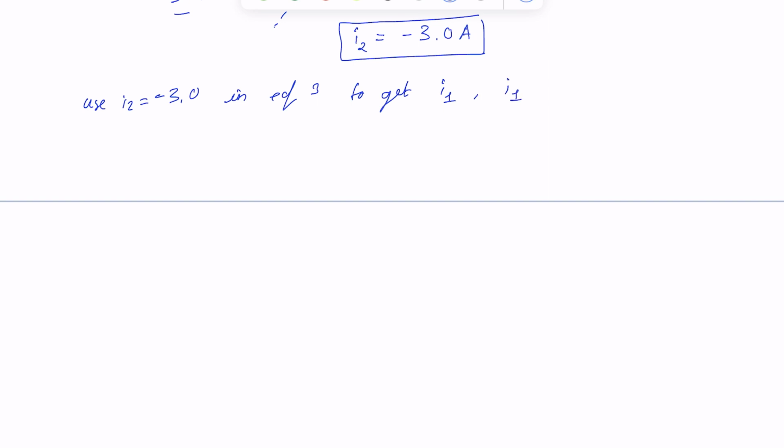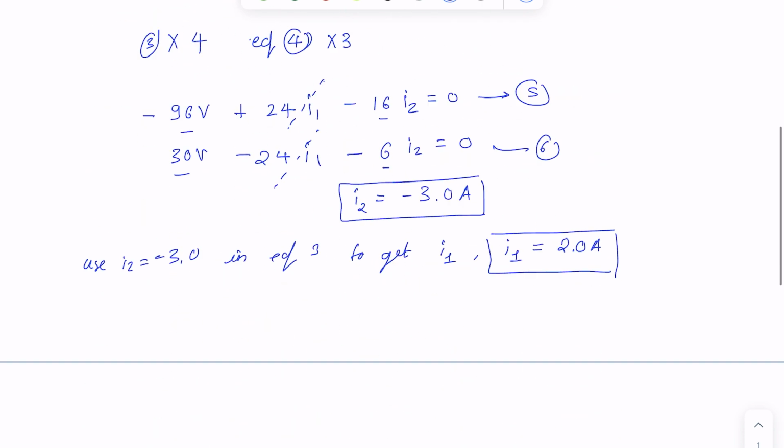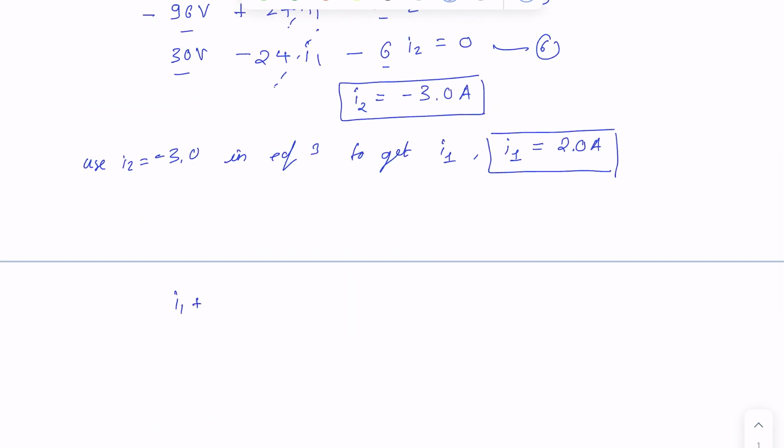You will get I1 to be 2.0 ampere. And also using equation 1, we know that I1 plus I2 equals I3. This implies that if you use the I1 and I2 values, you get I3 to be equal to minus 1.0 ampere.